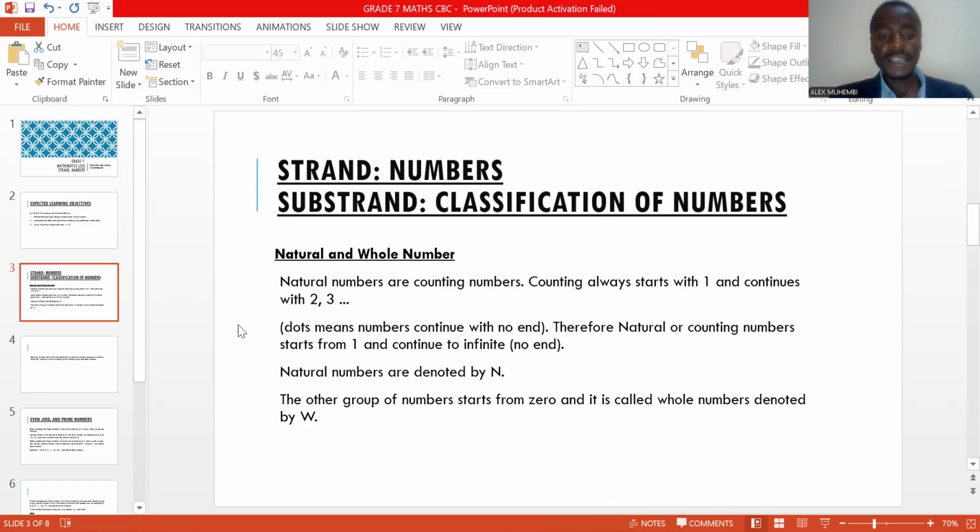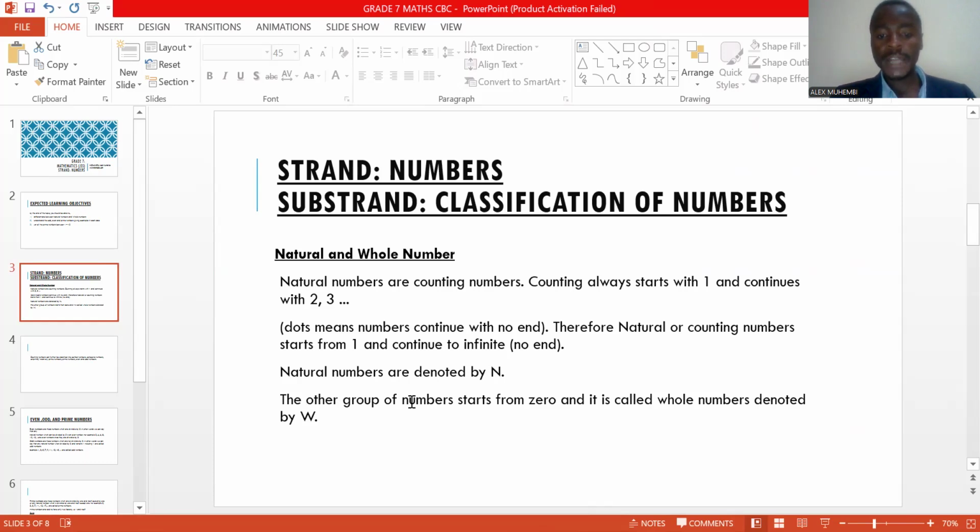The dots mean the numbers continue with no end. Therefore, natural numbers or counting numbers start from 1 and continue to infinity, meaning they do not have an end. That is what we call natural numbers, and natural numbers are denoted by N.